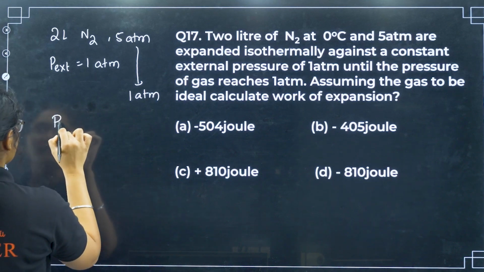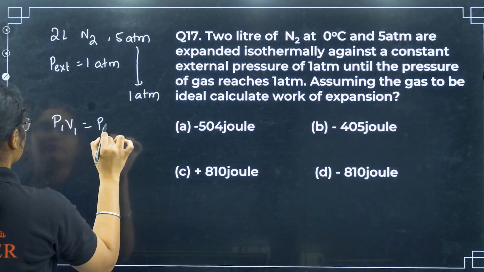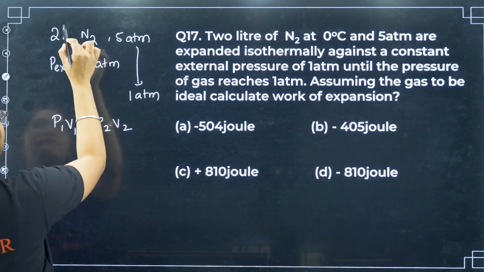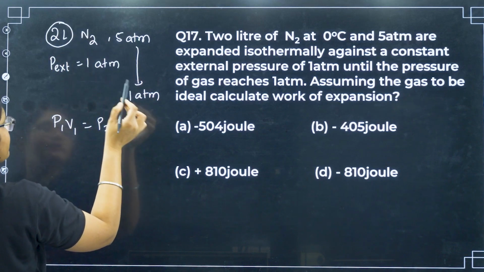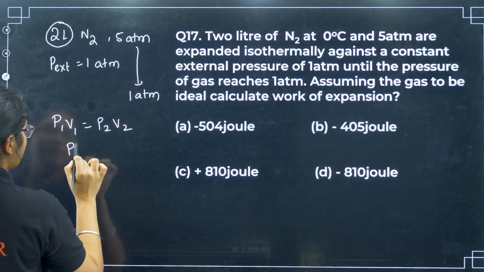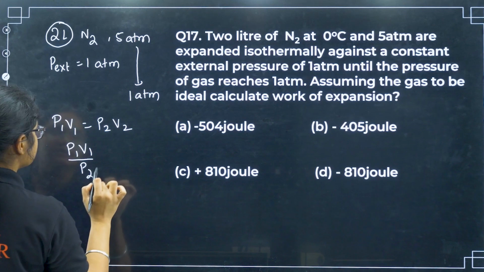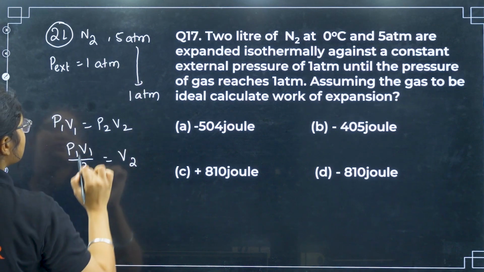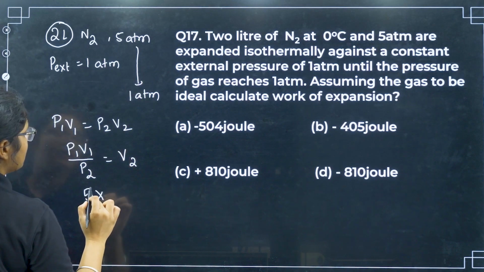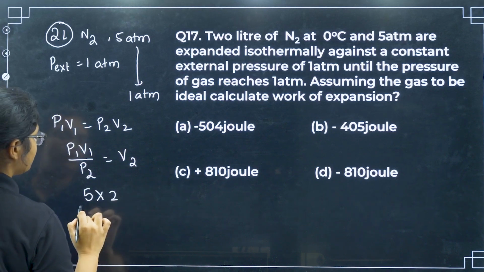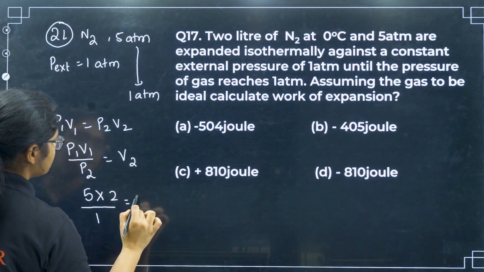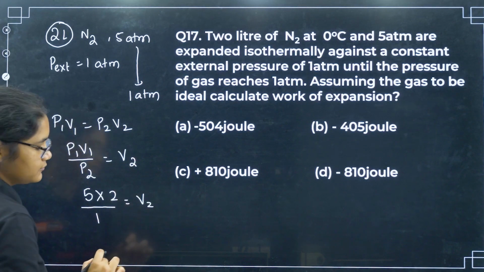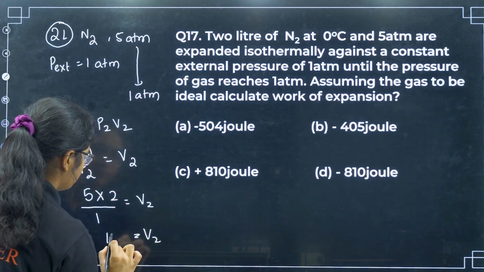So we have this formula P1 V1 equal to P2 V2. So I already have initial volume of N2, I need to calculate the final volume. So I have P1 V1 by P2 is equal to V2. P1 is equal to how much? 5 atm, and V1 is equal to 2 and P2 is 1. So V2 equal to 10 liters. Okay, 10 liters.